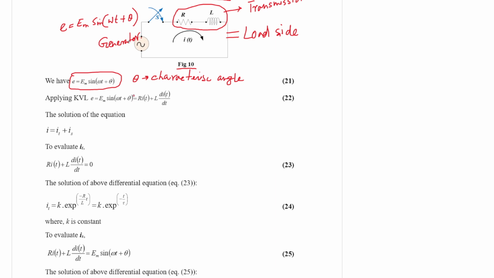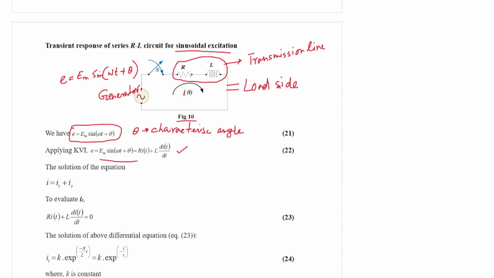Now if we apply KVL when the switch is closed, the straightforward equation is: the supply voltage Em sin(omega t plus theta) is equal to Ri plus L di/dt. It is quite straightforward.